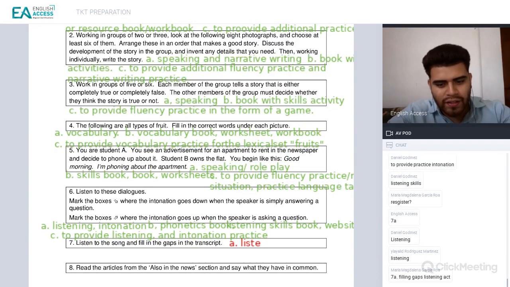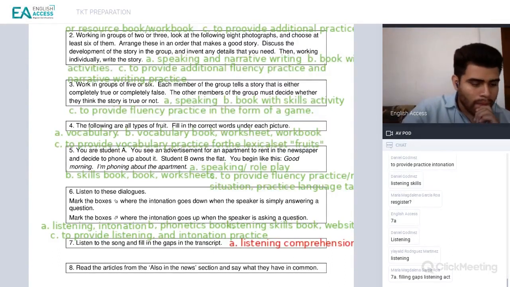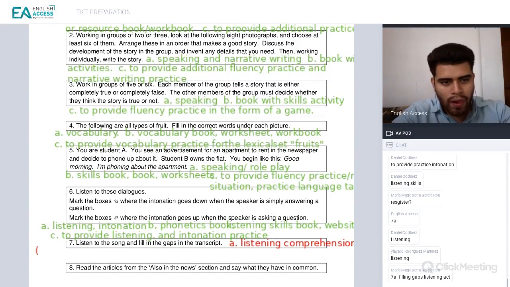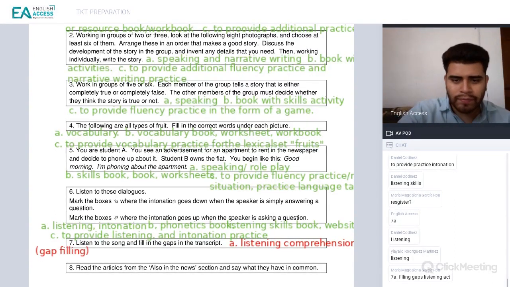Yes, listening. Gap filling. All right. What about 7B?